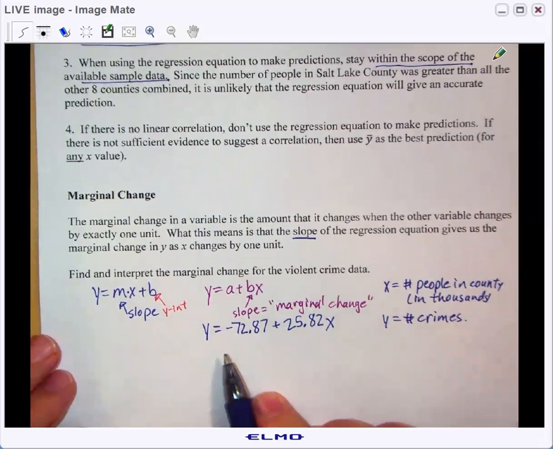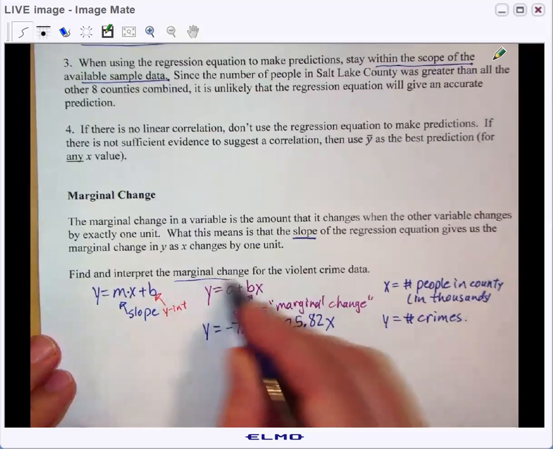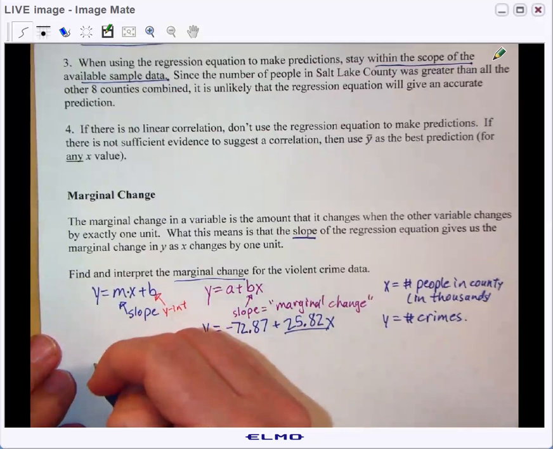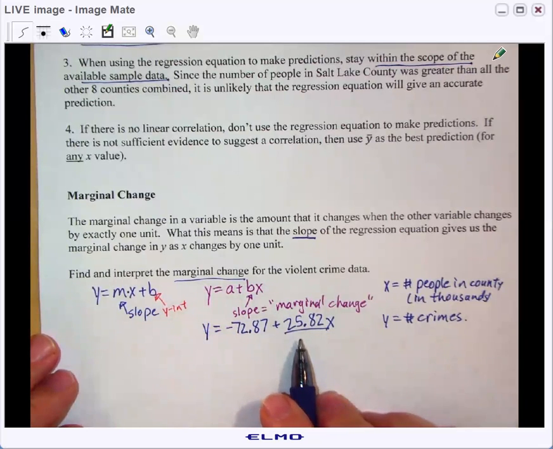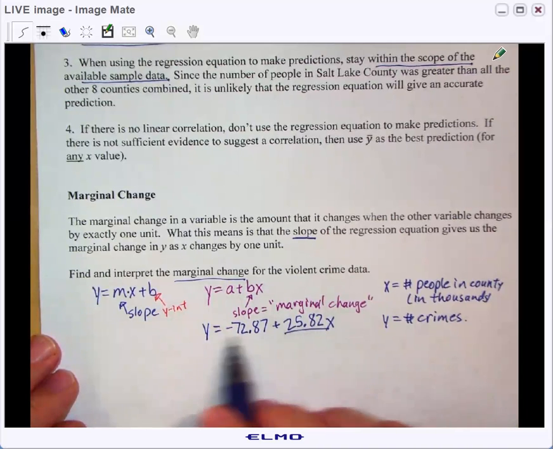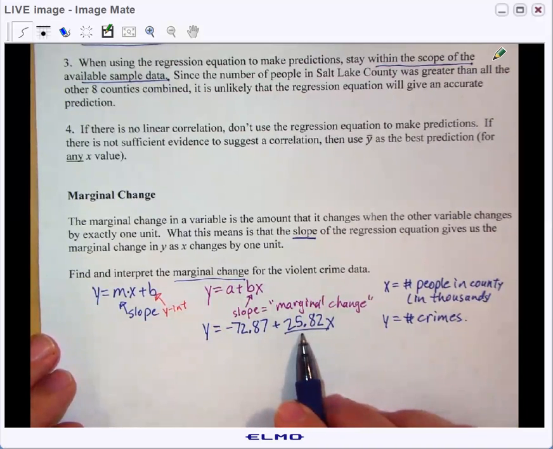So the marginal change is simply going to be the slope. And what that tells me is as x goes up by 1, the y value is going to go up by 25.82.